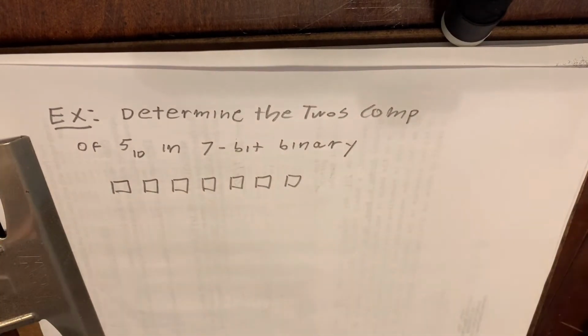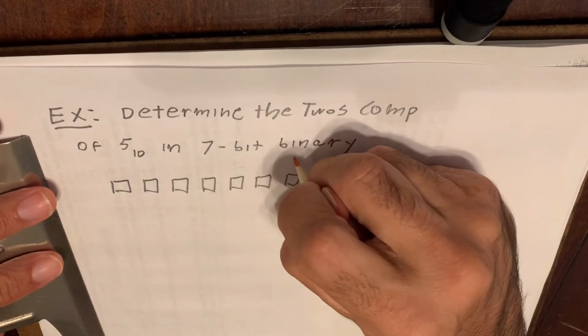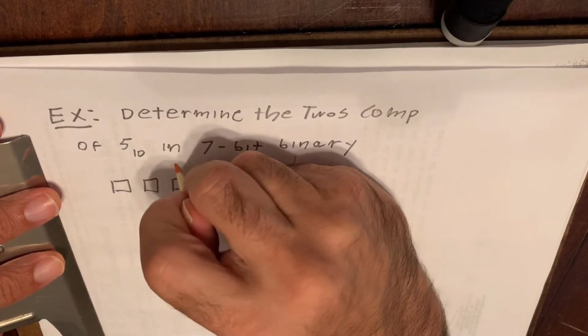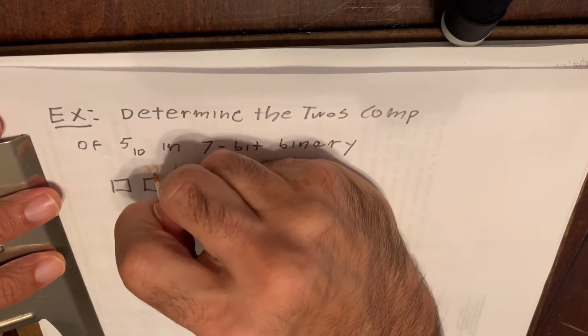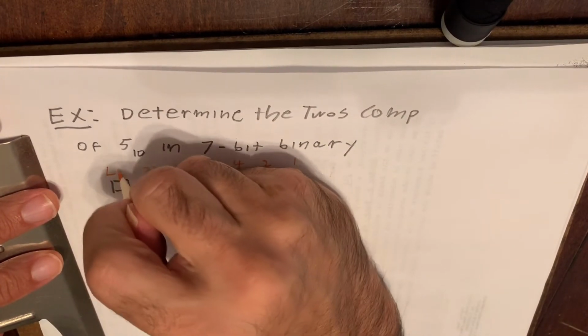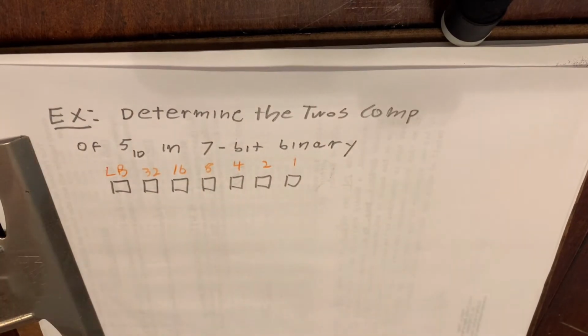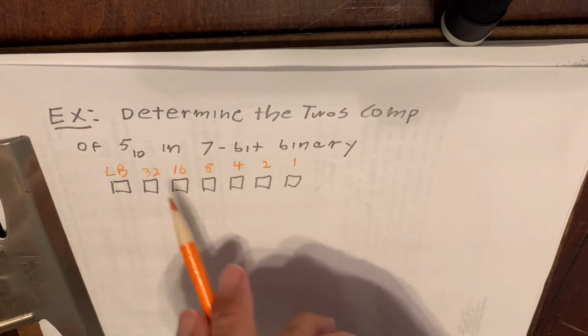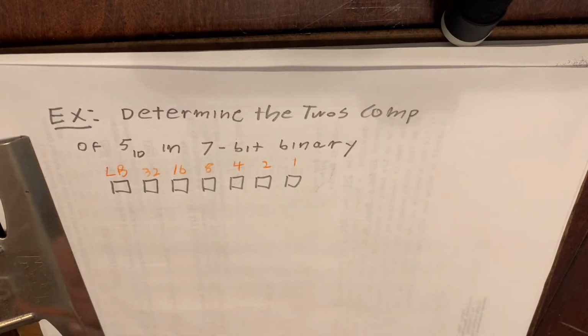And the place value system, I'm going to put in 1, 2, 4, 8, 16, 32. Now this bit over here is called the leading bit. And I'll always write the leading bit as LB. You don't give the leading bit a place value in this fixed bit binary because it serves a purpose that I haven't shown you yet, but I will.